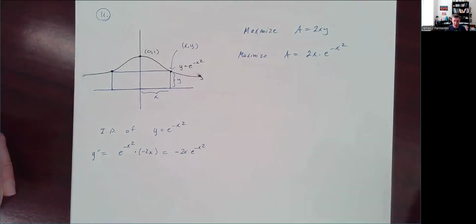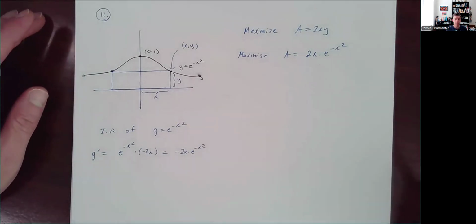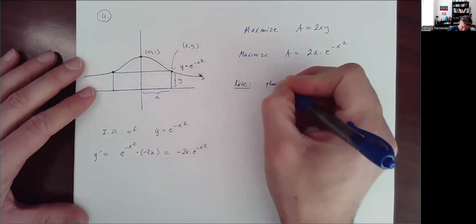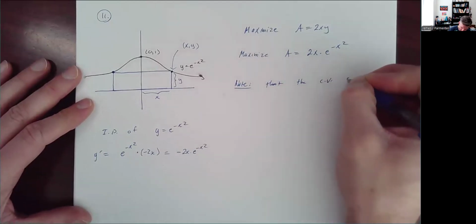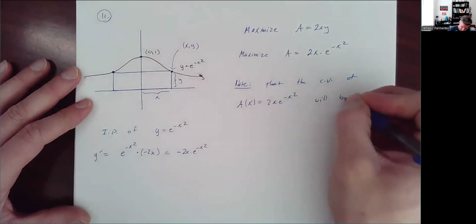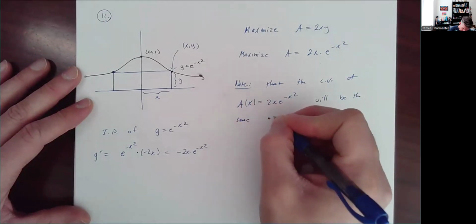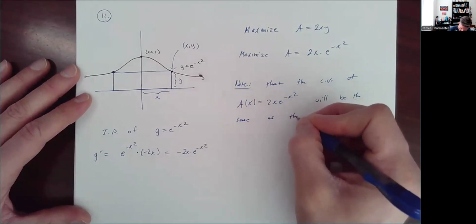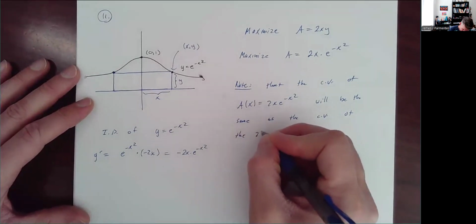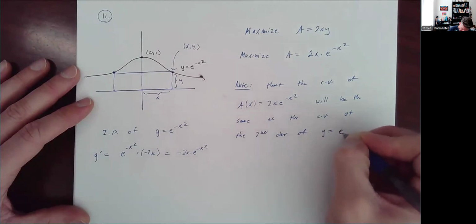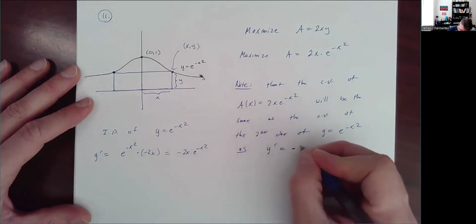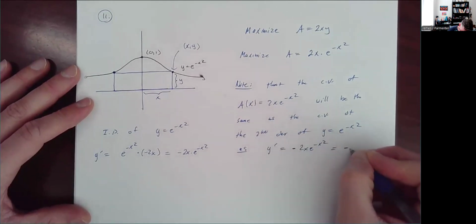I feel like this is an interesting question because, how much work do they really want you to show? If I was trying to move on to other problems quickly, I might point out: note that the critical value of A of x equal to 2x e to the negative x squared will be the same as the critical value of the second derivative of y equal to e to the negative x squared, as y prime equals negative 2x e to the negative x squared, which is equal to negative A of x.